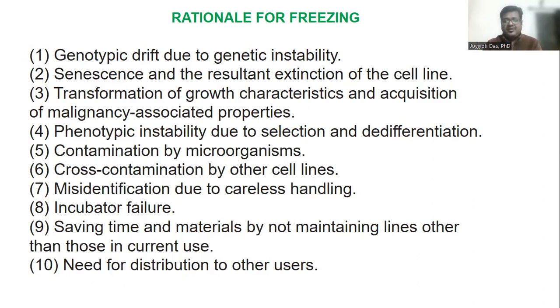Then your effort goes in vain, and you need to repeat it all over again. Plus, not only microbial contamination, there's a chance of cross-contamination by other cell lines if you're handling too many together. Misidentification due to careless handling can also lead to mixing of cell lines.